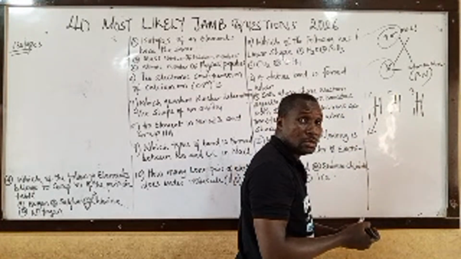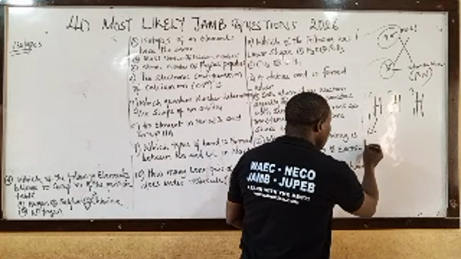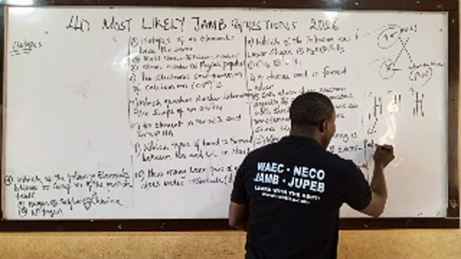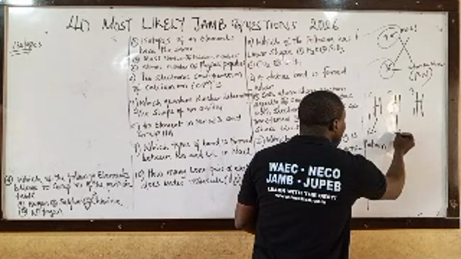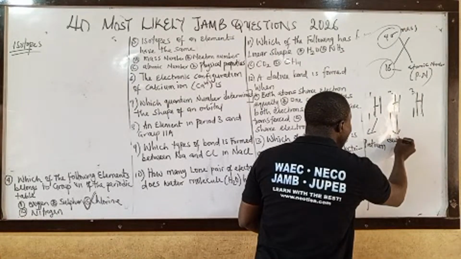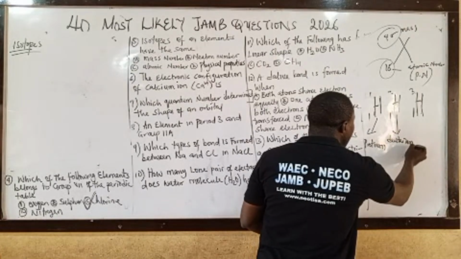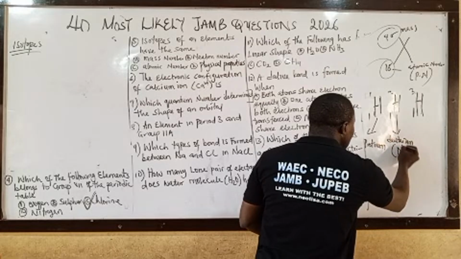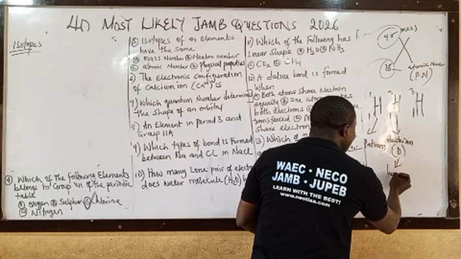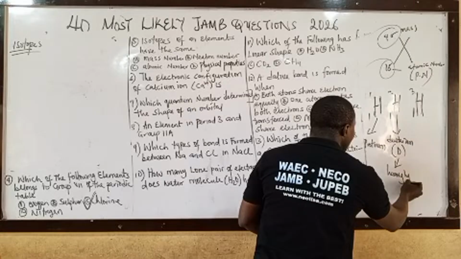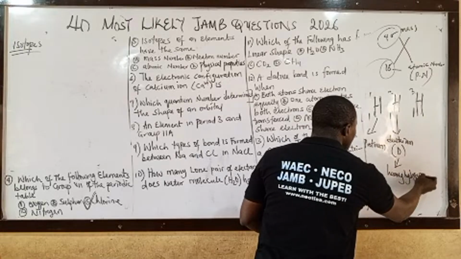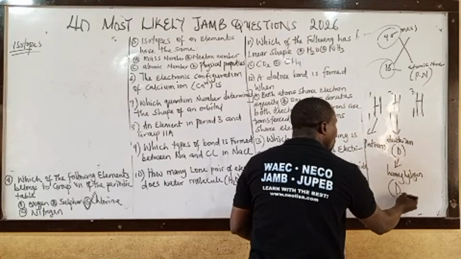The first one is normal hydrogen, protium. The second one is deuterium, heavy hydrogen. The symbol is D. It is used in production of heavy water.